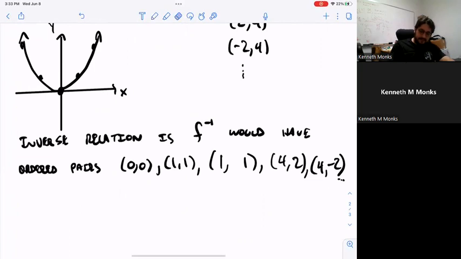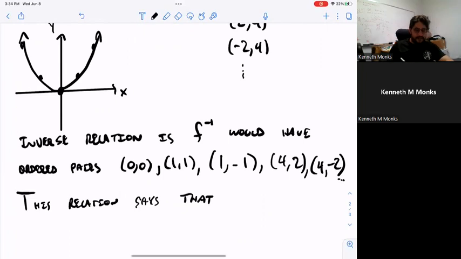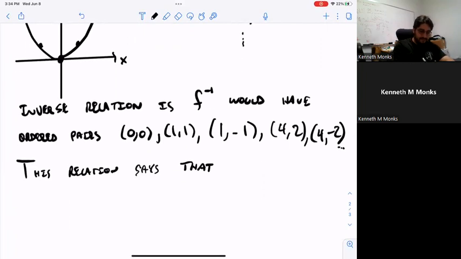Really what we're getting here, if you want to describe F inverse, is how it relates elements. A by F inverse is related to B if and only if what?